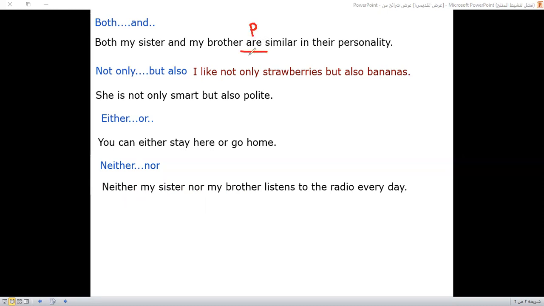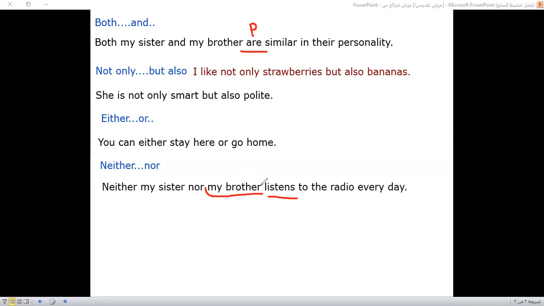You can write this down in your book in order not to forget that tomorrow in your exam. But in neither and nor, I'm going to choose the form of the verb according to the noun that I have before it. Remember when we said that if it was my brother, I'm going to say listens, which is present simple form of the singular.